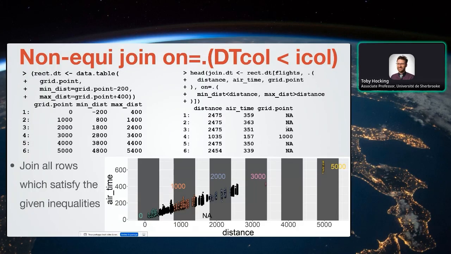Another concept related to the rolling join is the non-equi join. When you specify in a data table dot parentheses DT call less than I call here, you can use inequalities like this less than sign, and that will result in a join that obeys these inequalities between the two columns, respectively, a column in the DT data table outside the square brackets, and some column in the data table that is inside the square brackets.